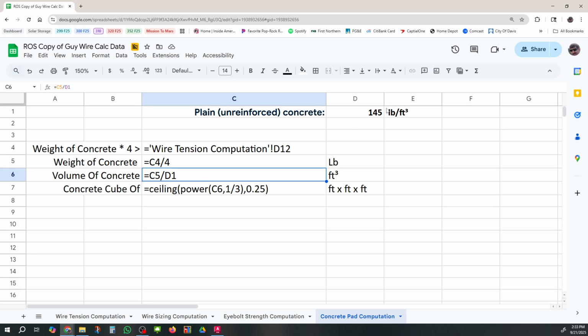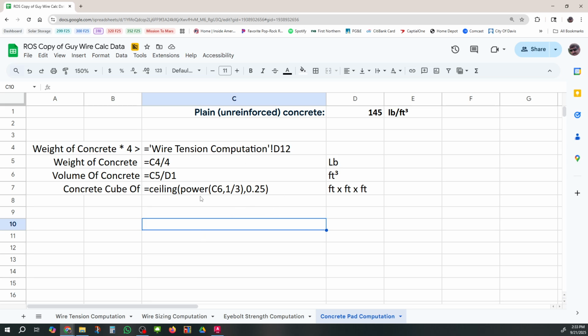And the volume, this is pounds per cubic foot. So it's going to be whatever my weight is divided by that density. That gives me cubic feet. And so if I want a cube of concrete, it's going to be the cube root. And I've rounded up to 0.25.